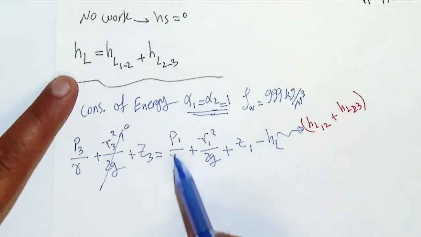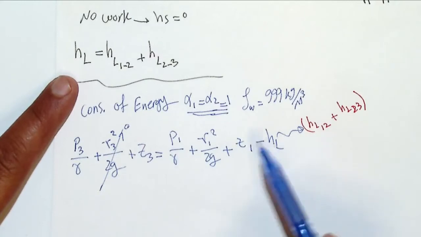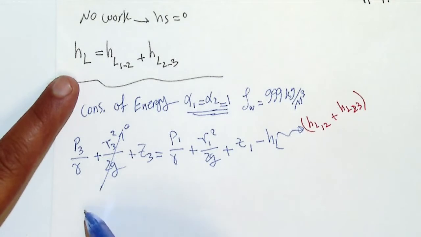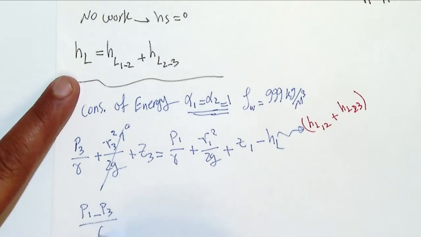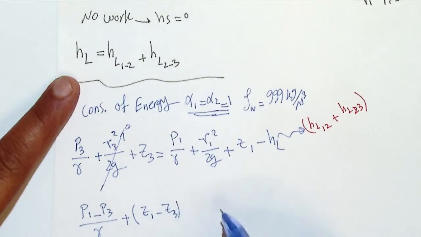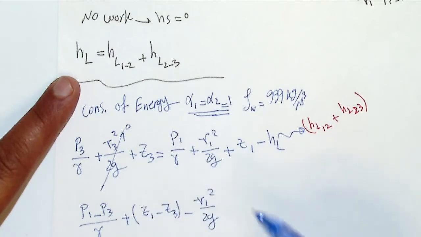If I keep the P1 here and bring the HL to the other side, then we have P1 minus P3 over gamma plus Z1 minus Z3 minus V1 squared over 2g. I bring this to the other side.